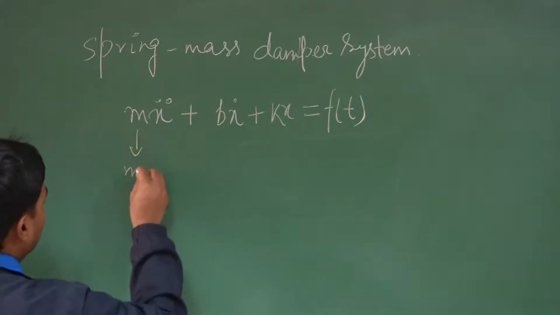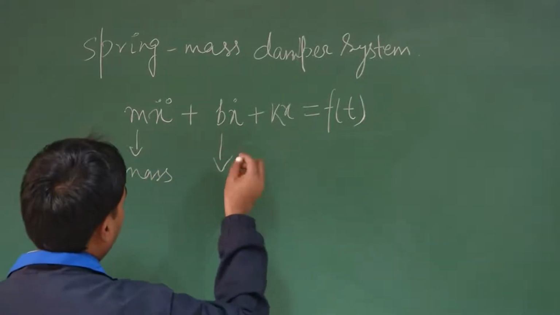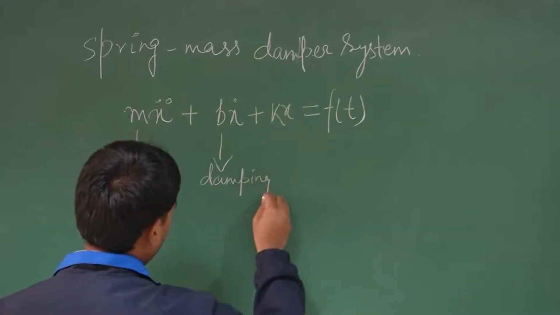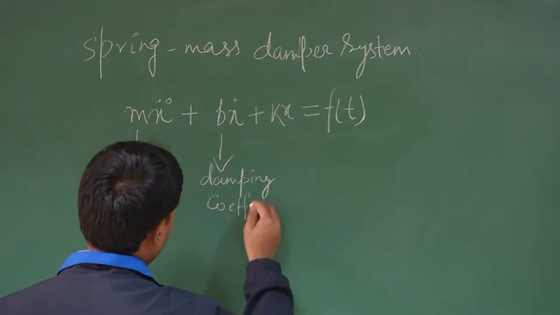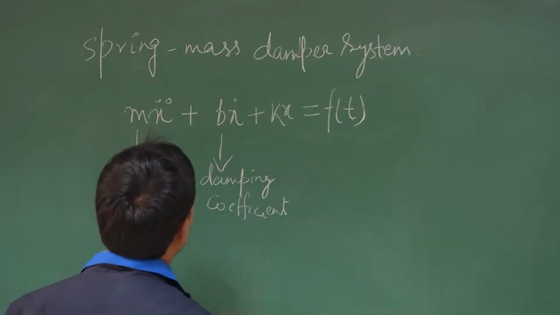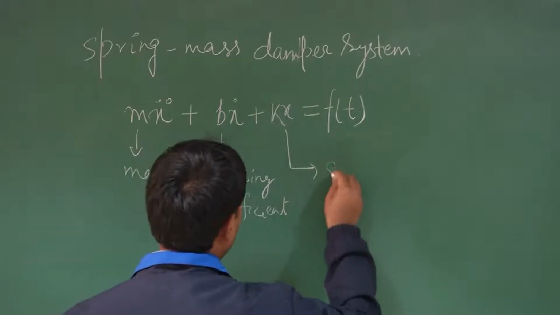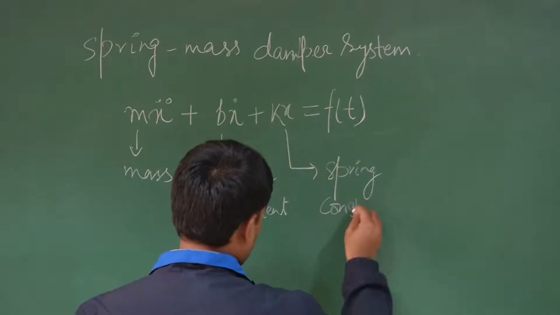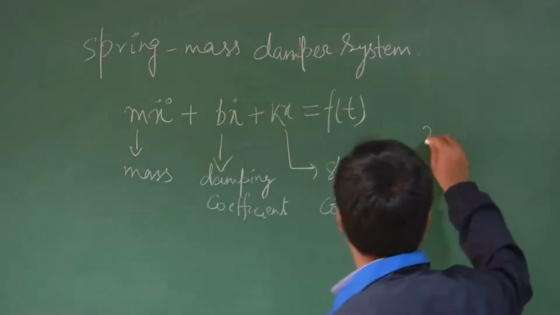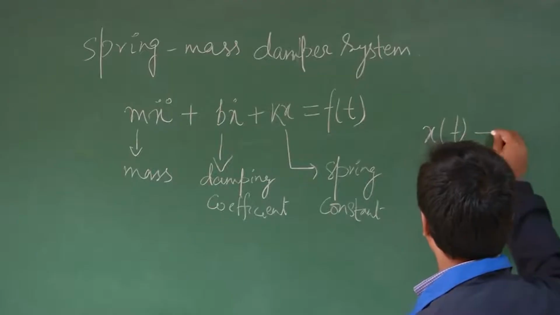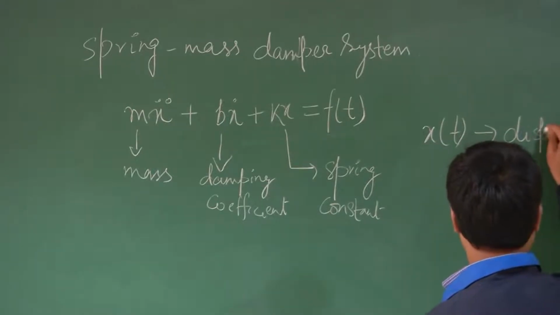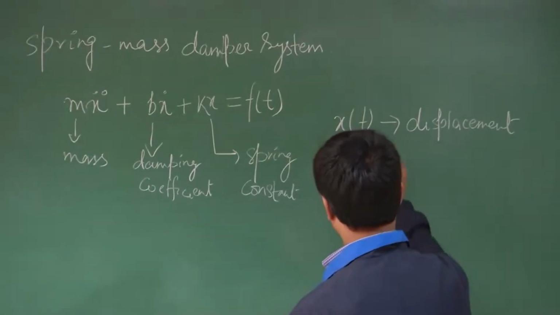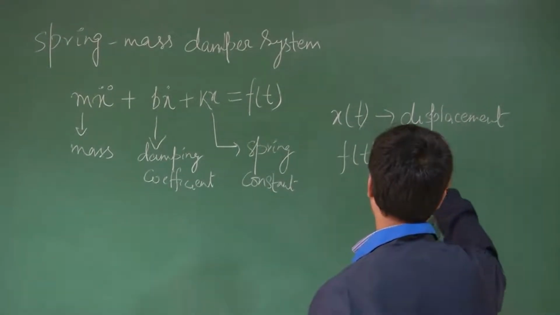This is mass. This derivative is called damping coefficient, right, and this is spring constant. Here your x, let's write in terms of t, is displacement, and f(t) force.